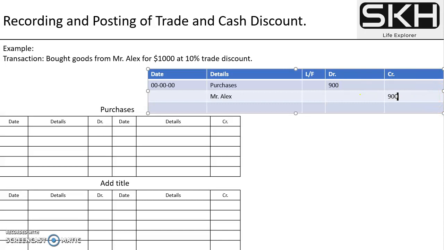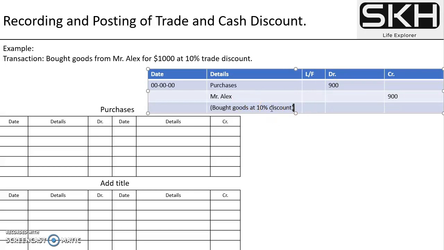If you look at this transaction, I'll just add a narration: bought goods at 10% discount. You can see that I calculated the discount and applied the discount here, but I did not record it as a different account.